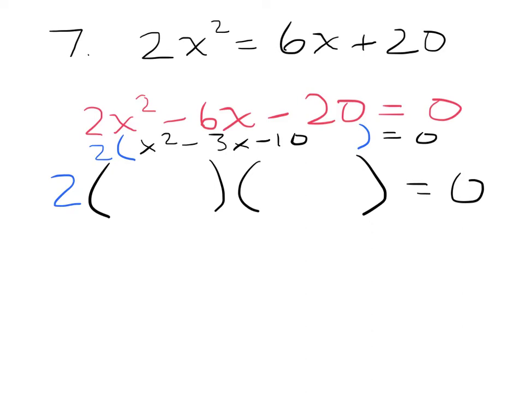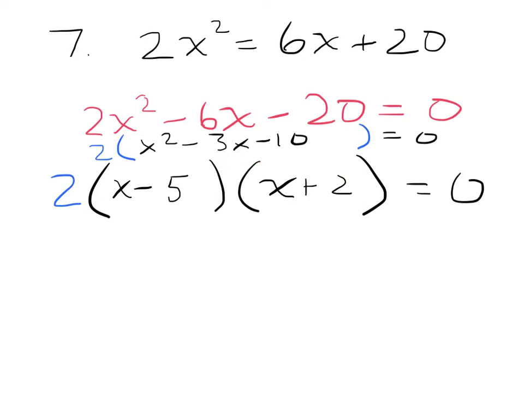And then factoring the trinomial x squared minus 3x minus 10, that will be an x minus 5 and an x plus 2. Again, that gives me the negative 5, the positive 2, a product of negative 10, and their sum, when I do the outside and inside, gives me a negative 3x.